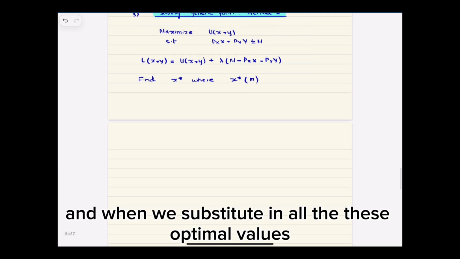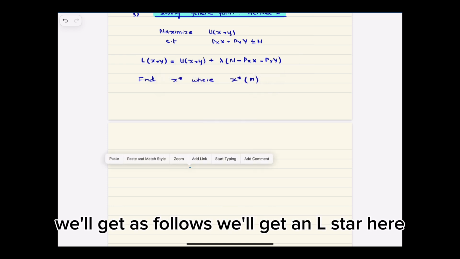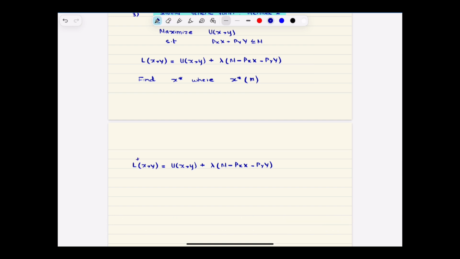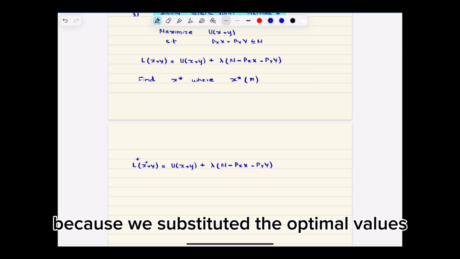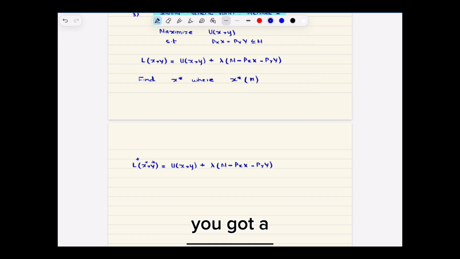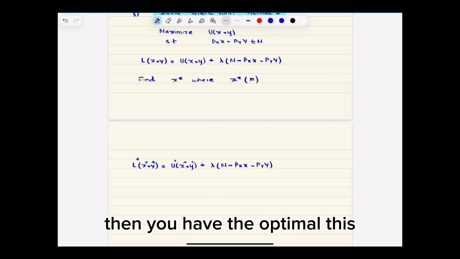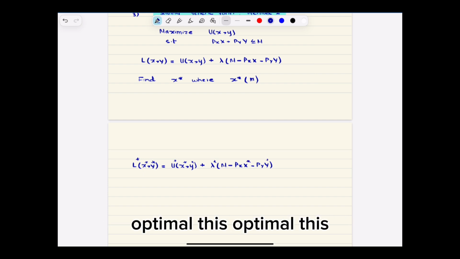And when we substitute in all these optimal values, we'll get an L star here, because we've substituted the optimal values. You get a U star here because we put in the optimal values. Then you have the optimal this, optimal this, optimal this.